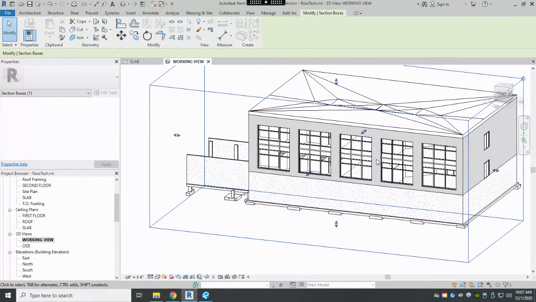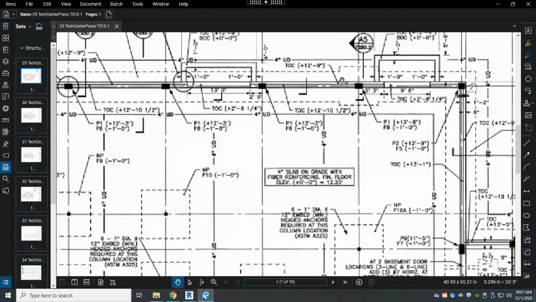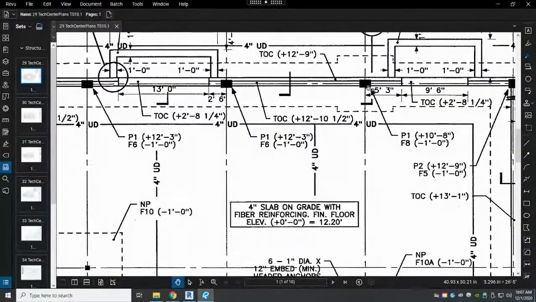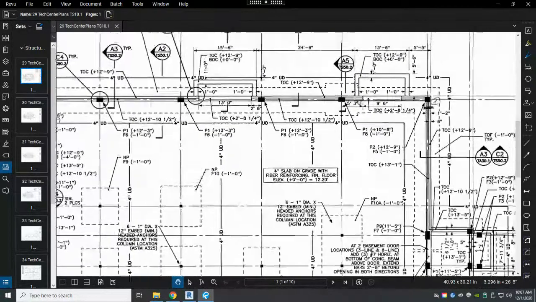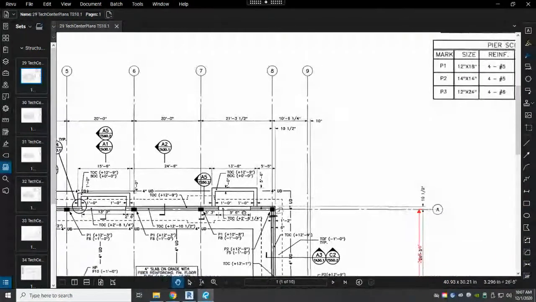And so this is going to have a lot of height information and depth information in the foundation, and that's where all the callouts are coming from. That's why there are so many callouts in this plan. So let's take a look at this, for instance, in this close-up of these columns. First of all, they're located and centered on a column grid. So I can identify this column right here as being column 7A.